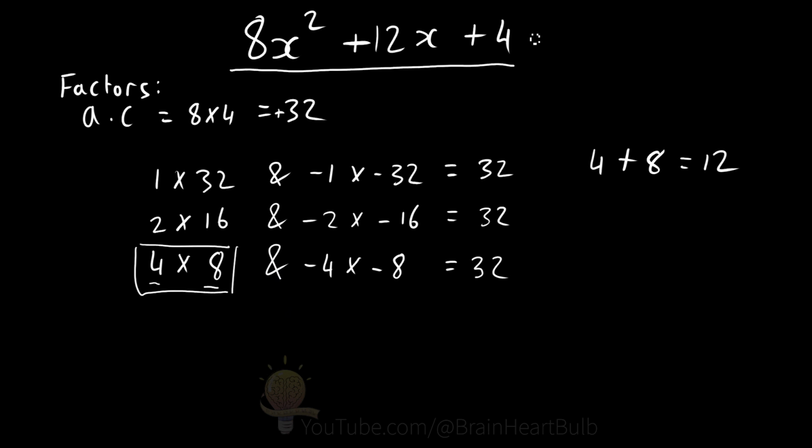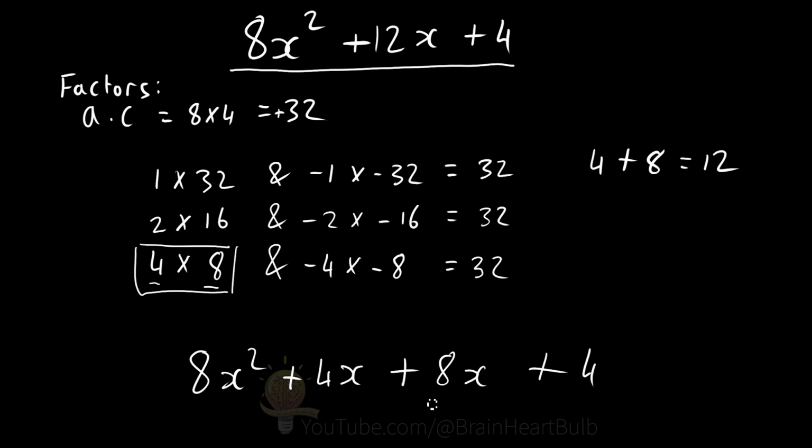So we can rewrite our quadratic above as 8x squared plus 4x plus 8x plus 4. And you can see that 4x and 8x is equal to 12x.